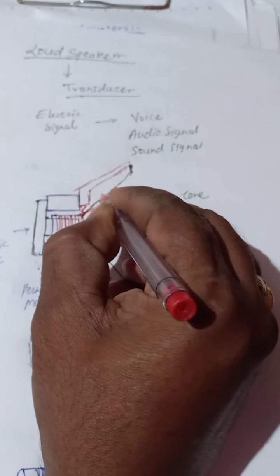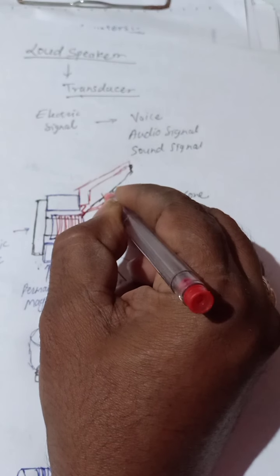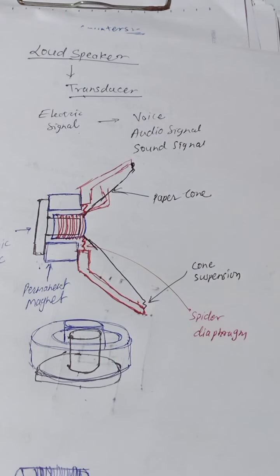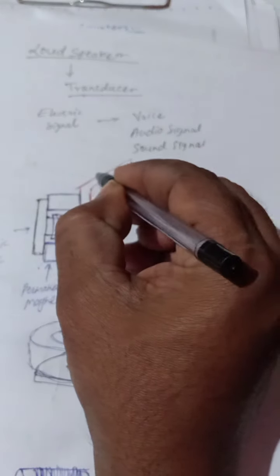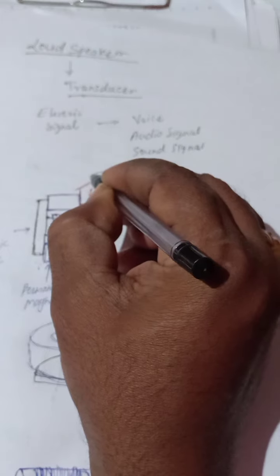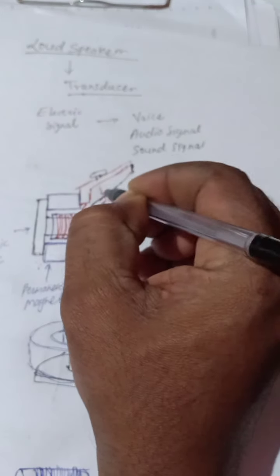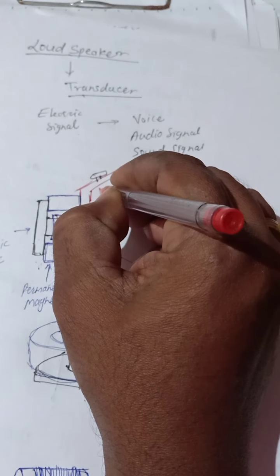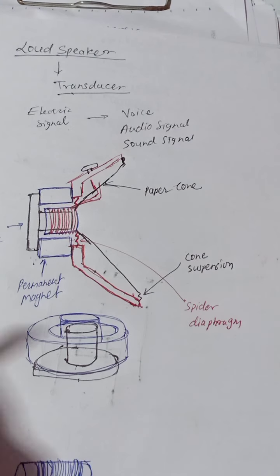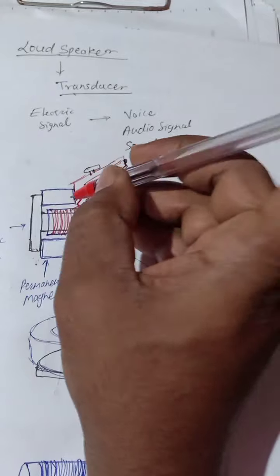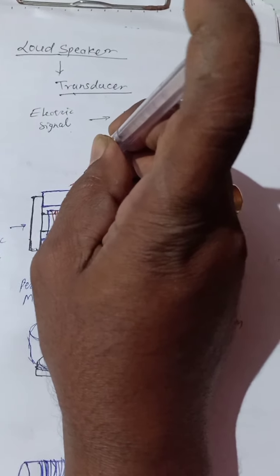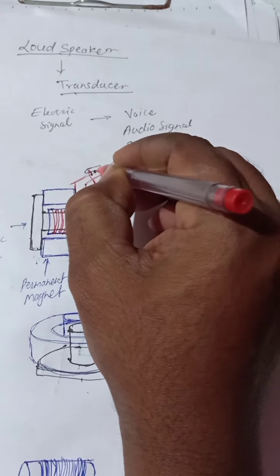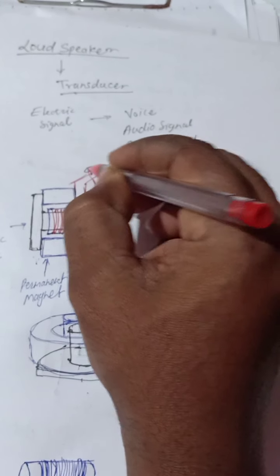It is put back through this cone, and there is some arrangement to hold these two wire ends. So it is connected here also, and it is connected here.